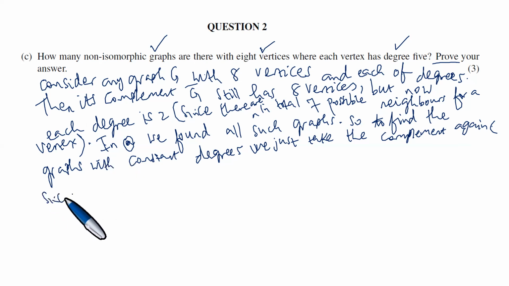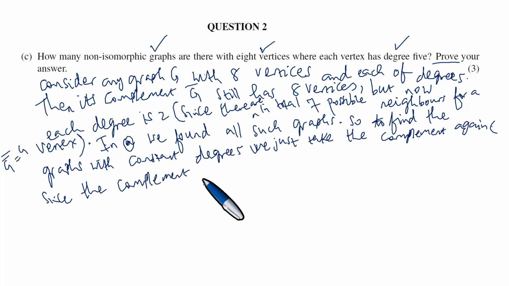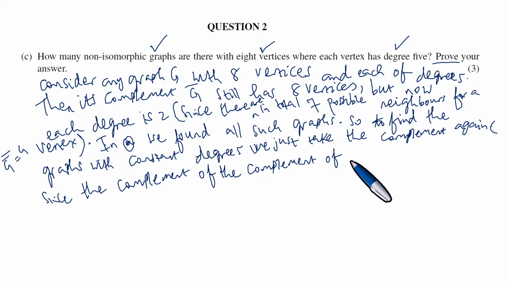In other words, if you find the complement of the complement, it's the same as just the graph G. Since the complement of the complement of G is just G again.